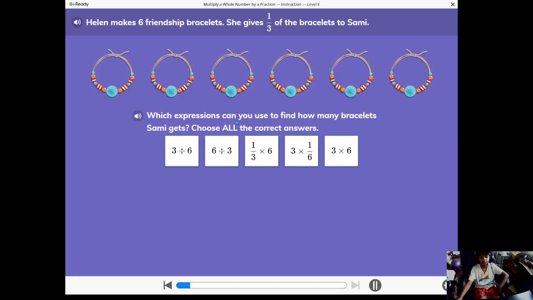Which expressions can you use to find how many bracelets Sammy gets? 6 divided by 3. Make sure you choose all the expressions you can use to find how many bracelets Sammy gets.